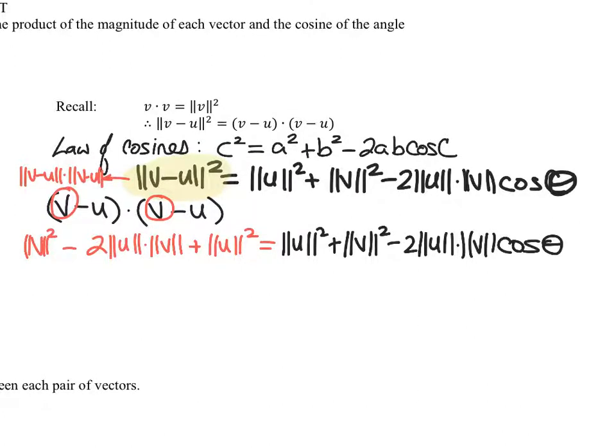All right, so yeah, purple's fine. So cancellation, v squared, kill him. U squared, magnitude u squared, kill him.